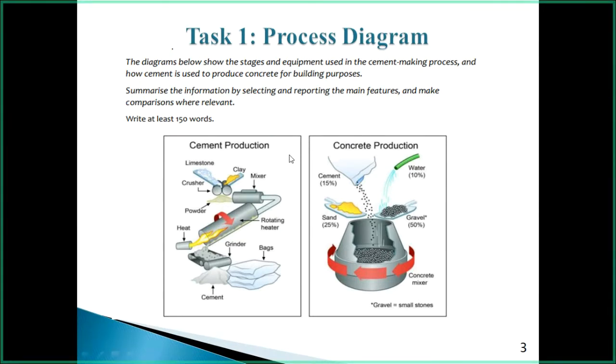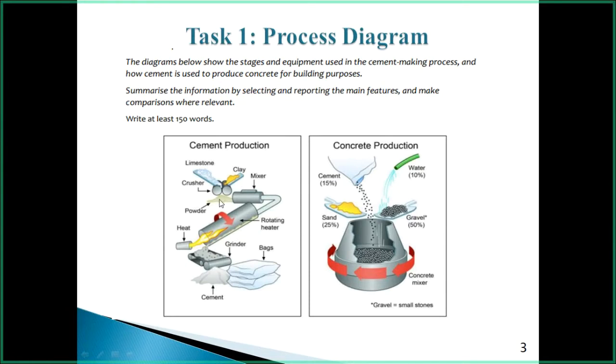So this is your summary, and in the body paragraphs you will write the first body paragraph for cement production and the second for concrete production. So you will mention all the processes in detail in the body paragraph. You will start with, first of all, in cement production, limestone and clay act as the input, and they are passed through the crusher.